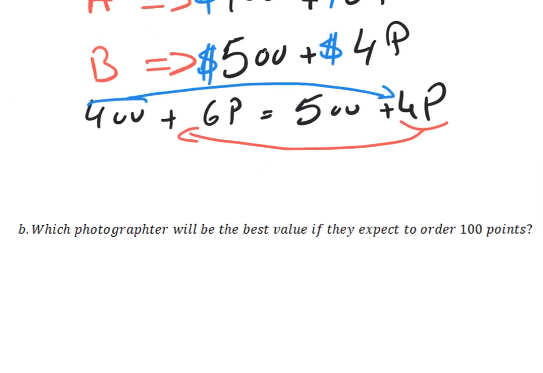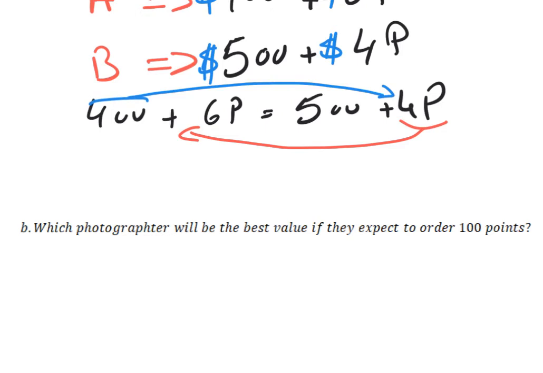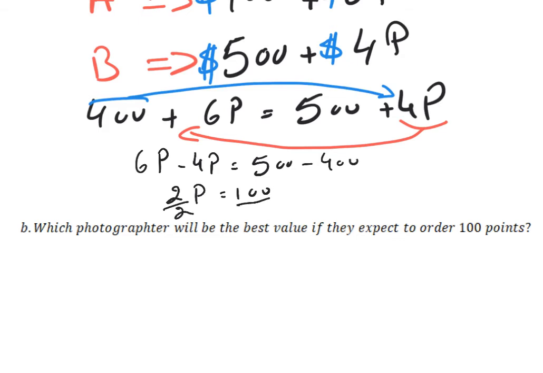We have 6p minus 4p equals 500 minus 400, so 2p equals 100. We divide by 2 on both sides, and p will be 50. So in order for the two photographers to have the same price, they need to print 50 photos.